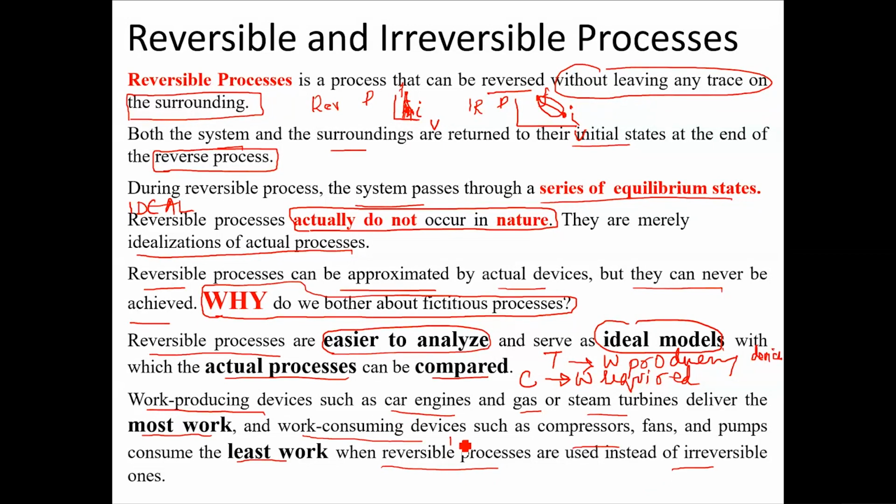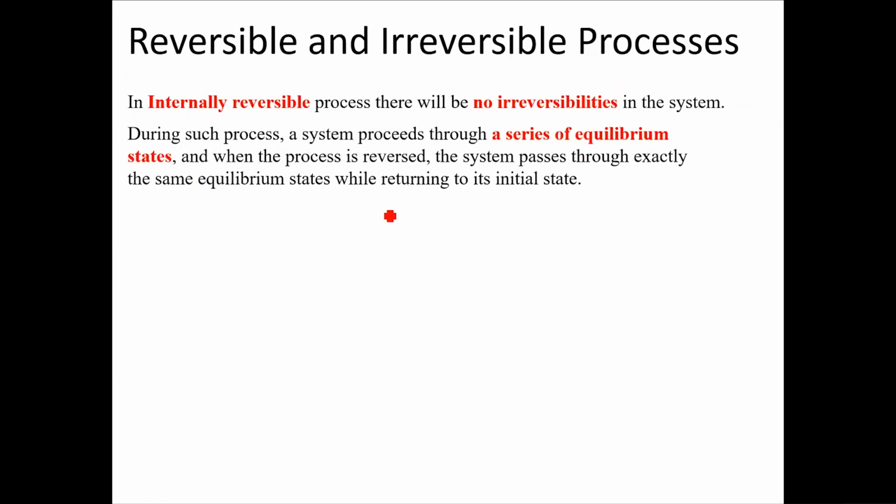That means when the process is taking place in an ideal manner, you would have maximum work from the work producing devices and least work consumed by the work consuming devices. Clear enough? There are two kinds of reversible process.